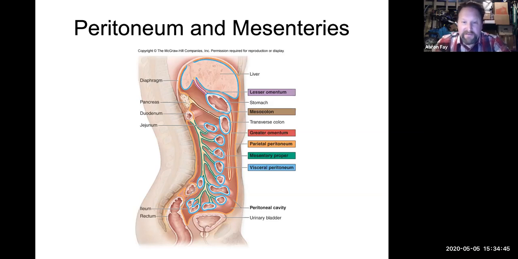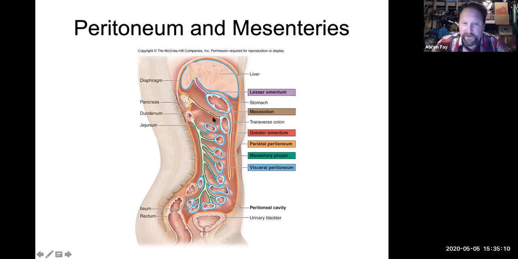We have the visceral peritoneum, shown here in blue, because it's in contact, in this case, with the liver, the stomach, the colon, the small intestines. So when the visceral layer of the peritoneum is in contact with the organs, it's shown in blue.